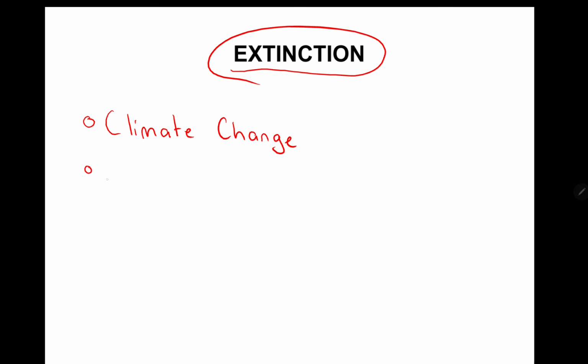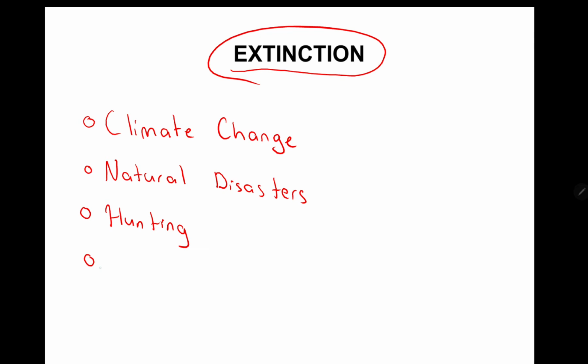It can also be through natural disasters. So we're talking extreme weather, or perhaps human disasters could also have an effect. If we take the dodo, for example, it became extinct, and that was due to hunting, and that, of course, was carried out by humans.